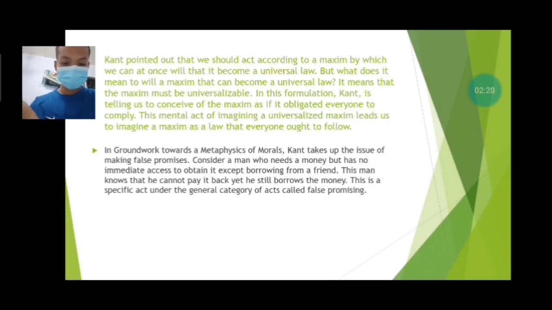The universality principle, one of Kant's categorical imperatives, states that one should act only in accordance with that maxim by which you may at the same time wish that it become a universal law. In other words, if you do something, then everyone else should be able to do it too.